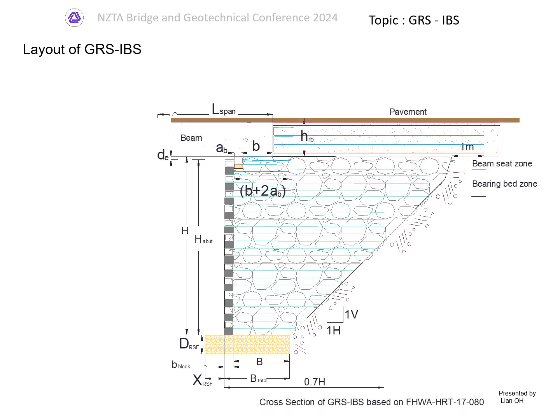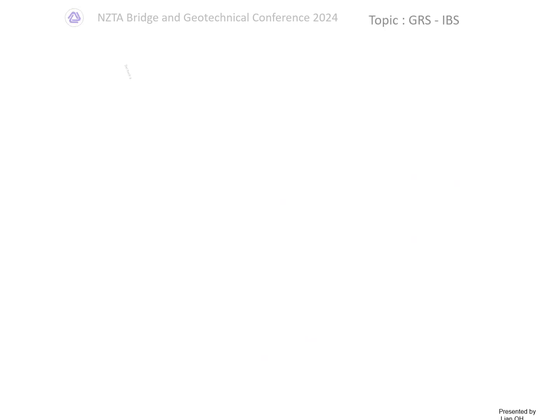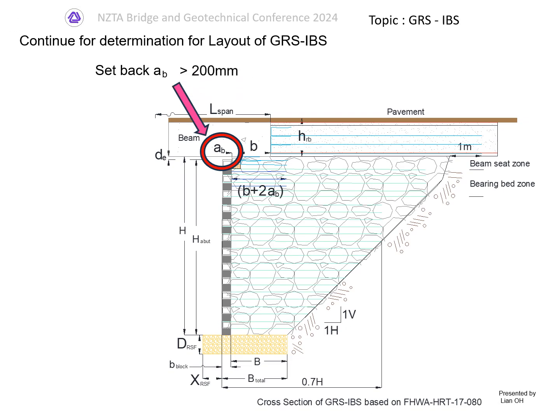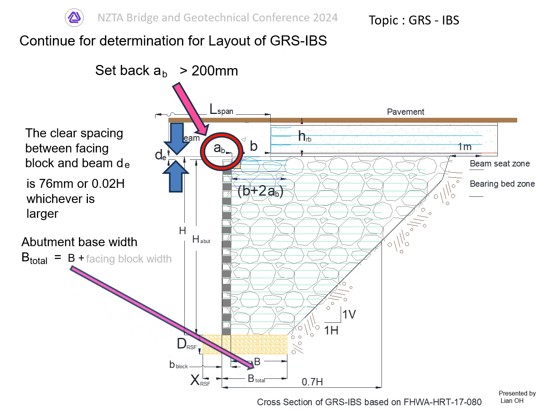The layout of GRS-IBS requires the beam seat to be greater than 610 mm and the service bearing pressure less than 200 kPa. The setback AB is greater than 200 mm, the clear spacing between facing blocks and beam DE is greater than 76 mm, and the abutment base width B total is the sum of B plus the facing block width.